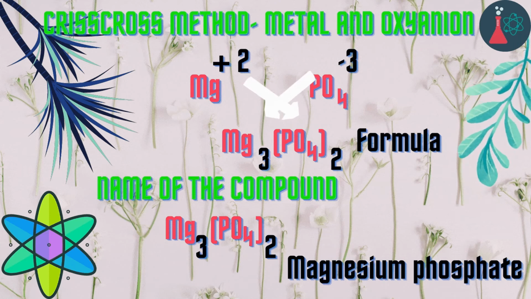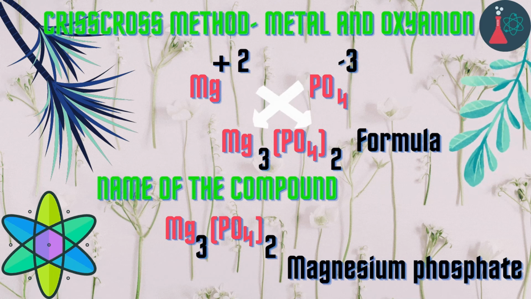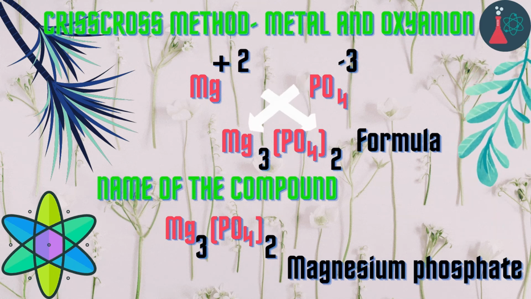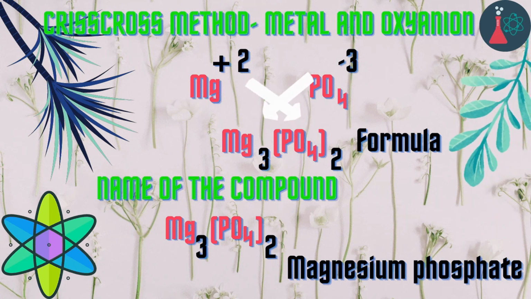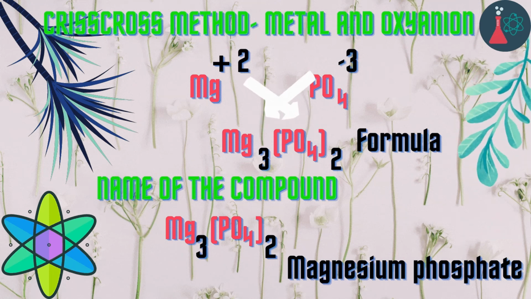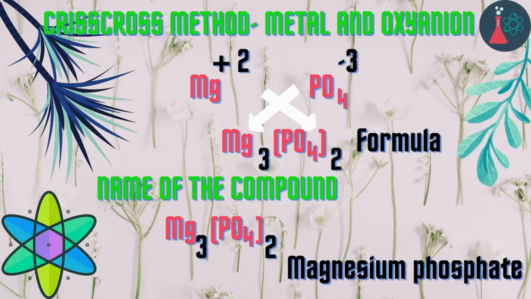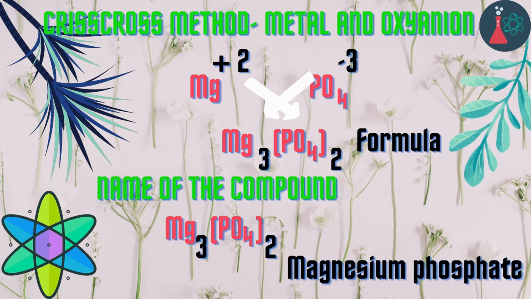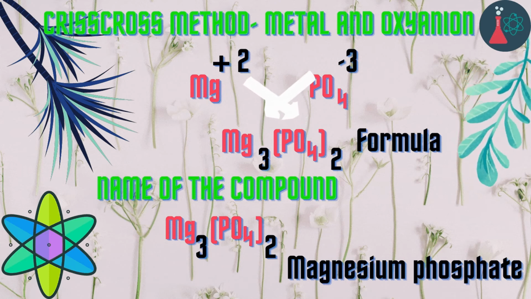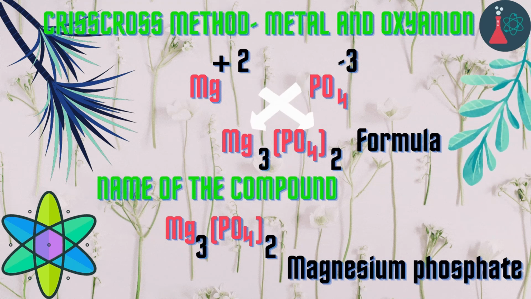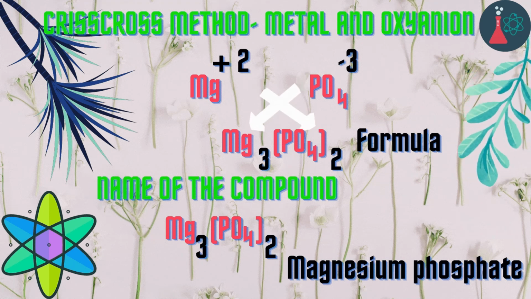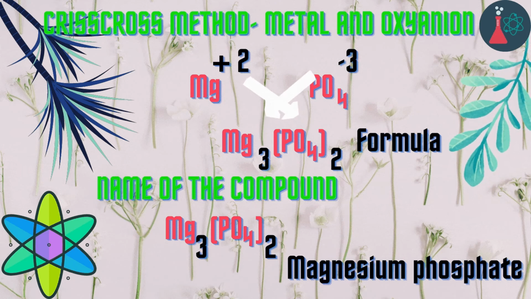You can check the ions and charges on your periodic table. So the oxidation number of PO4 is negative 3. Using the crisscross method, you cross their oxidation numbers and drop the charges. You put the parentheses whenever necessary.